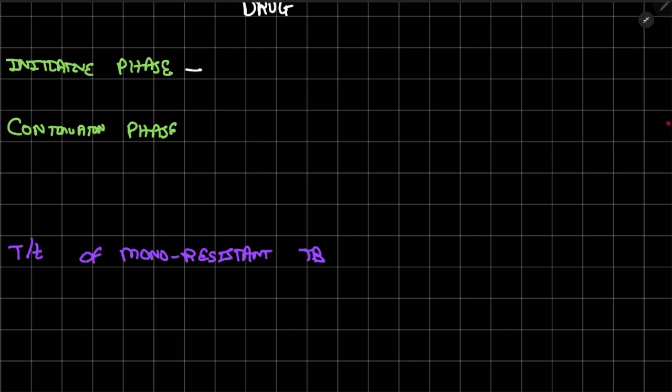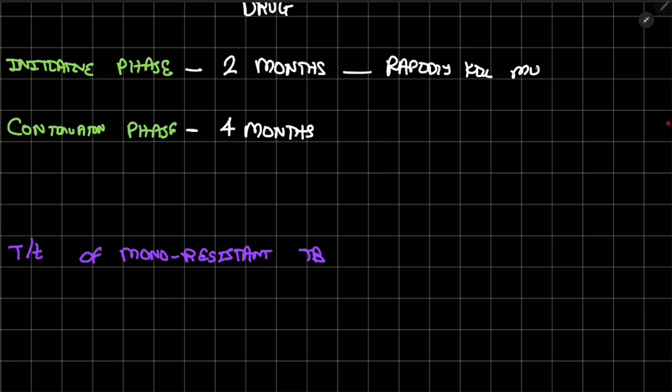The initiation phase is for 2 months in a patient who is suffering from TB for the first time, and the continuation phase is 4 months for a patient suffering from TB for the first time. In these 2 months of the initiation phase, it is used to rapidly kill multiplying bacteria, and the 4 months of continuation phase is used to prevent relapse.